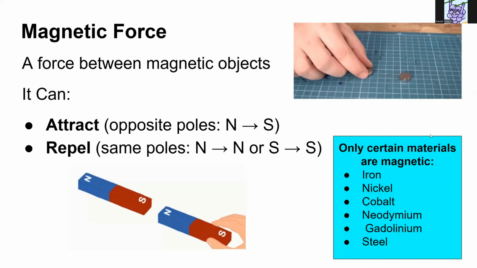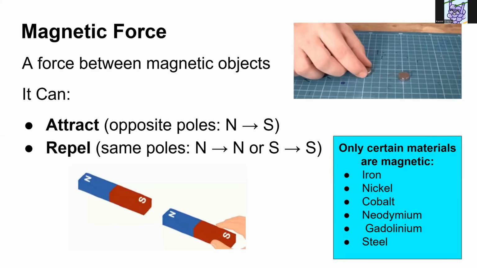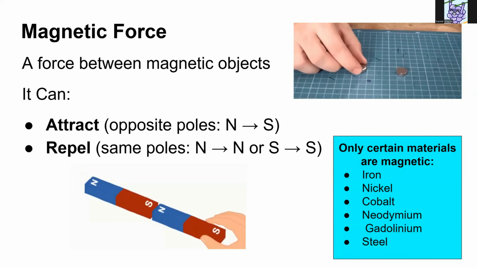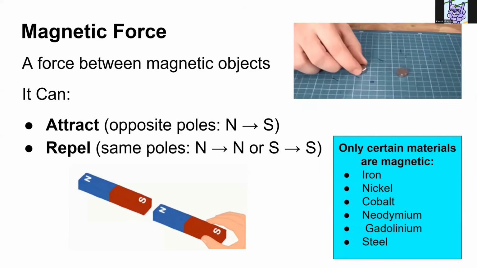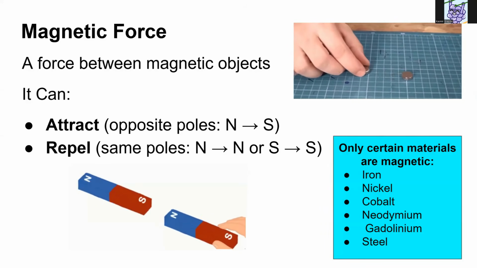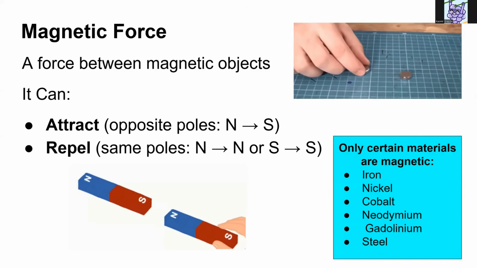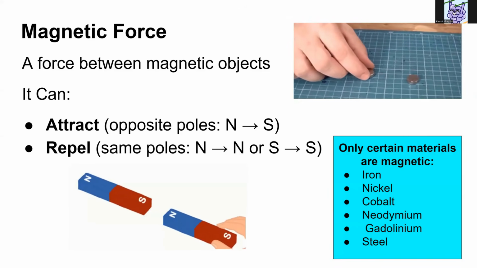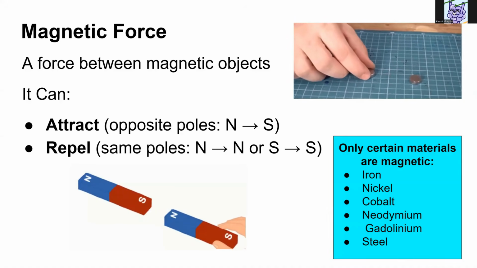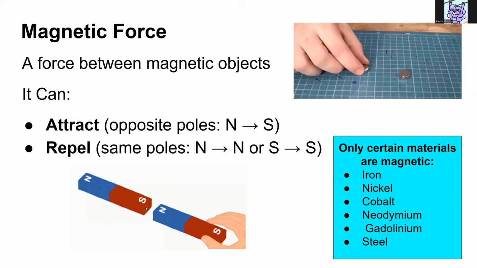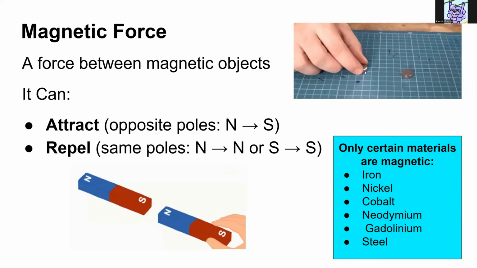Magnetic force is a force between magnetic objects. Magnetic forces can attract. If you have opposite poles, a north and a south pole will attract, or they will repel. If you have the same poles, a north and a north, or a south and a south, they will repel. In this GIF, you have a south and a north, so they're going to attract, they're going to combine.